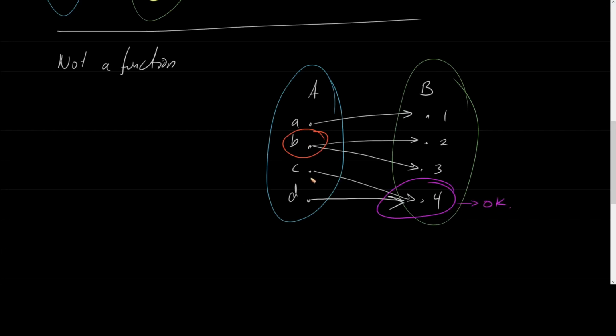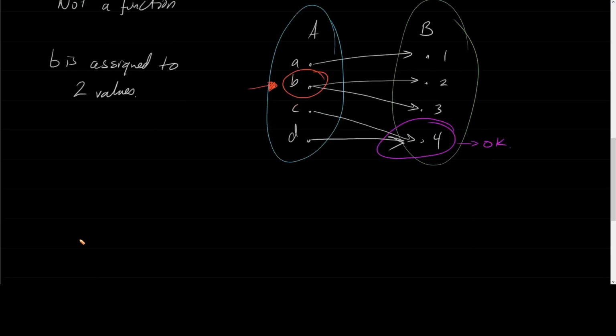There's no issue with multiple things being sent to the same value. The issue is when you've got one thing being sent to multiple values. That's why this is not a function, because B is assigned to 2 values.